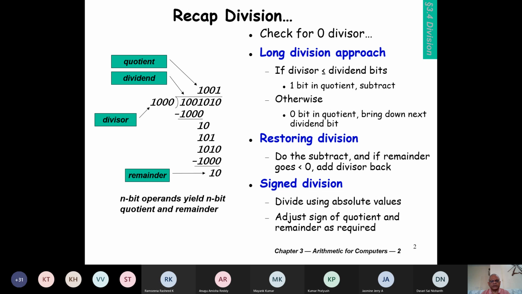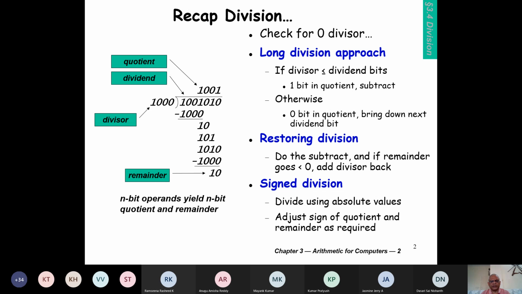Now let's observe this simple division example. We have the dividend and the divisor. We write the divisor at the most significant bits and then try to subtract.